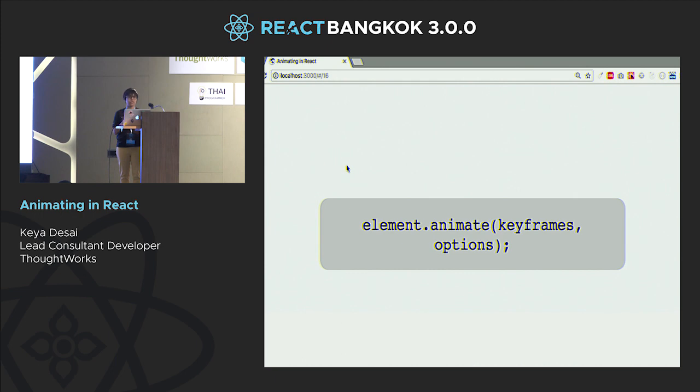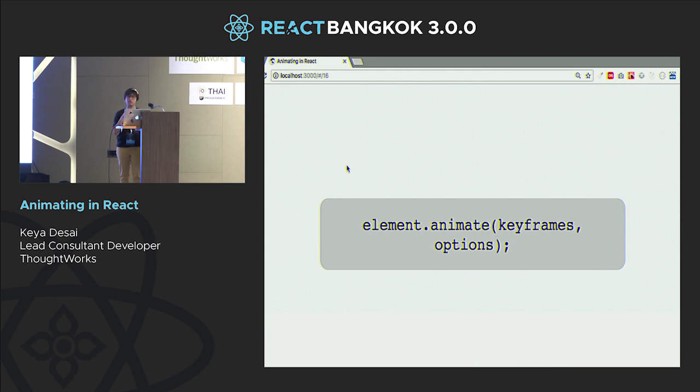The keyframes are basically an array of objects defining the movement of your animation, so this is basically your CSS keyframes. Options define how your animation is going to happen. The minimum you have to pass is duration, but luckily you can pass a lot more. For example, iterations, how many times the animation is going to play.